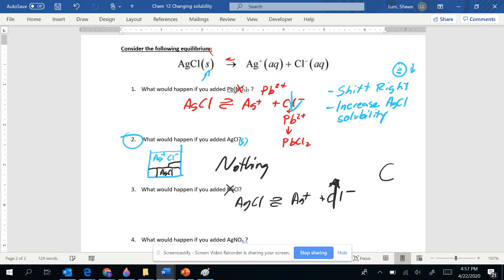That means on our steering wheel, this side is going up, so we're going to be shifting left. And that means we're going to be making more precipitate, or in other words, we're going to decrease solubility.